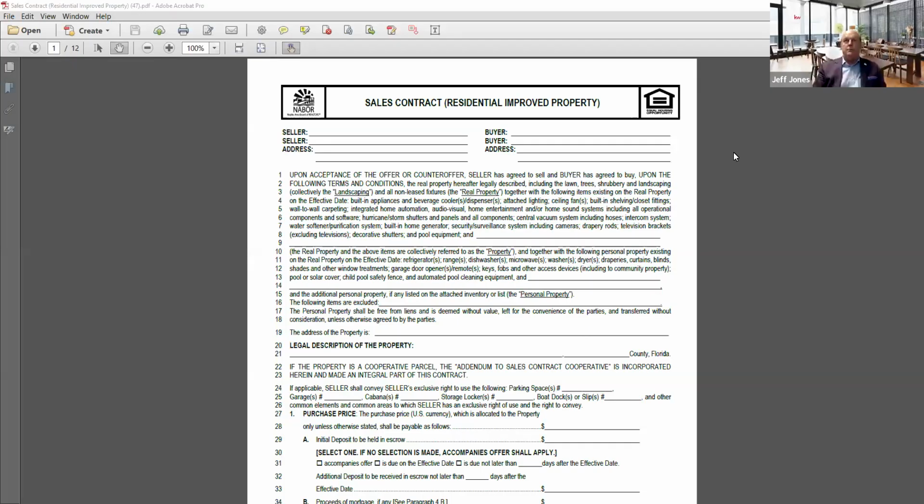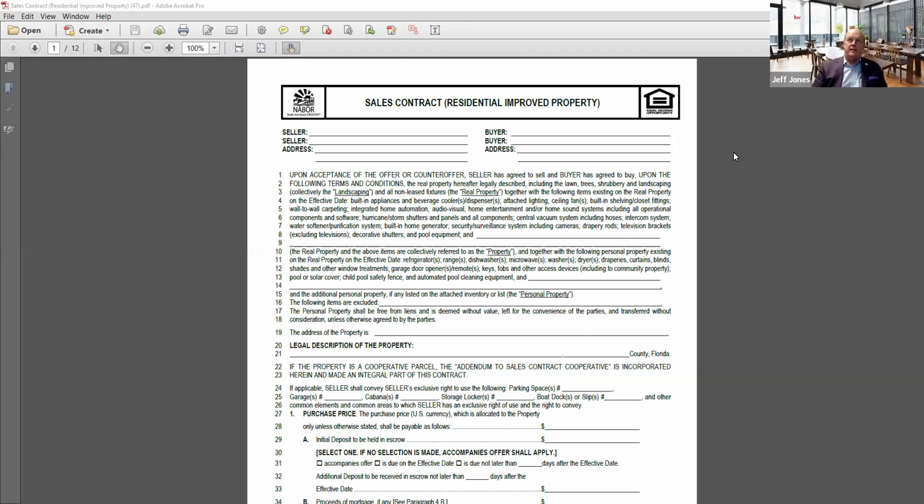Okay, so if there are multiple owners of the property, they all have to sign the sales contract. So if there were more than two owners, or there could be an estate, could be a trust. You have to make sure that all of the people involved in the property sign the sales contract.